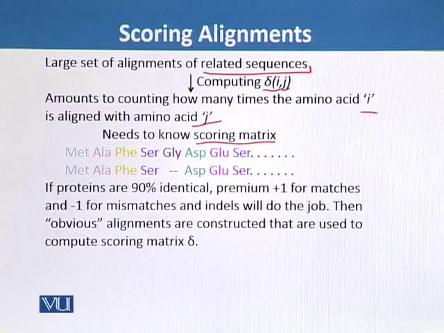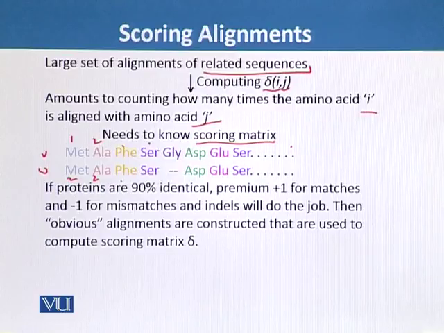For example, consider two proteins V and W that are almost 90% identical. The first amino acid is methionine in V and again methionine in W, the second is alanine in both, then phenylalanine, serine, serine, so they are almost identical.